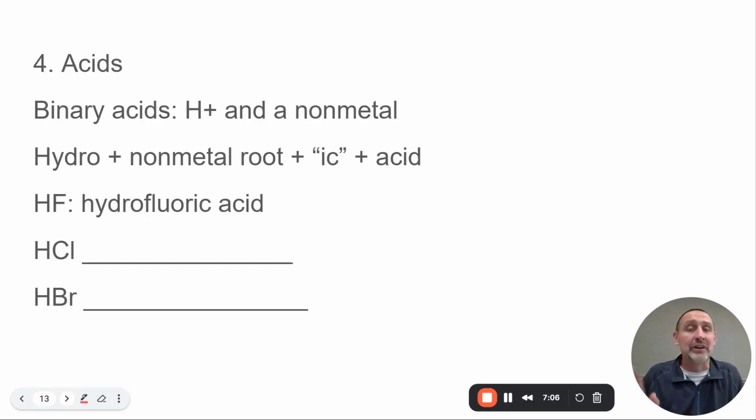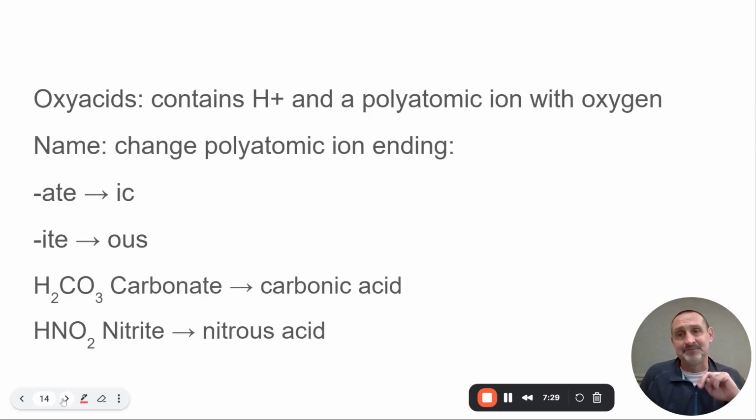So hydrofluor, we change the ending to ic, hydrofluoric, and then we add the word acid. Hydrochloric acid, hydrobromic acid. Because I started those names with hydro, you know that they have to be a binary acid. So we're just talking about those two elements in their binary acid.